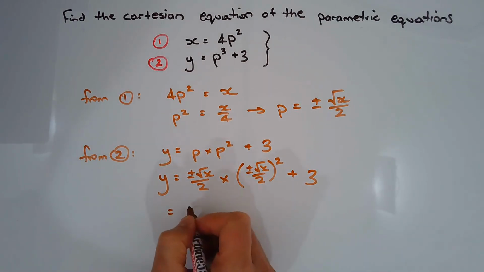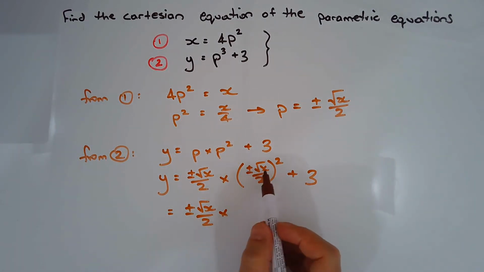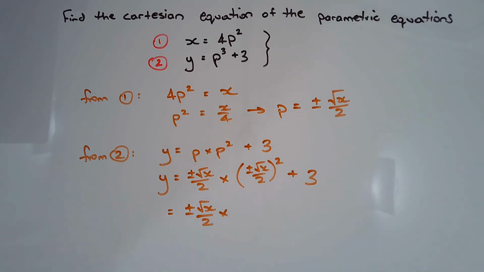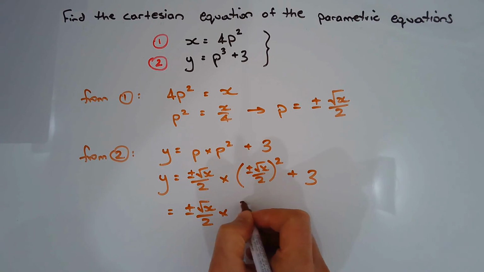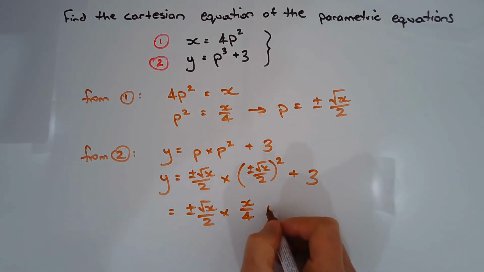So that's going to be equal to plus or minus the square root of x on 2, multiplied by, now we have the square root of x over 2 squared. Now plus or minus, when you square it, the plus or minus in fact doesn't matter. The result is going to be non-negative anyway. So that's just going to be x over 4, plus 3.